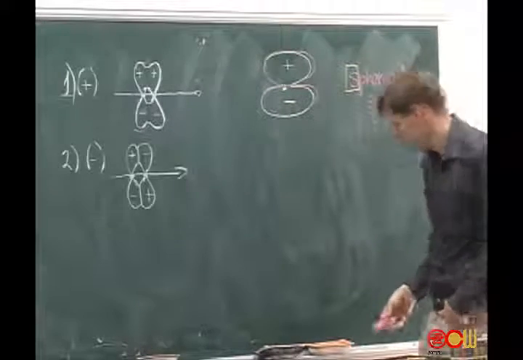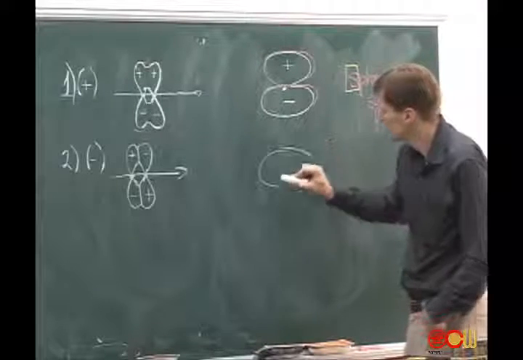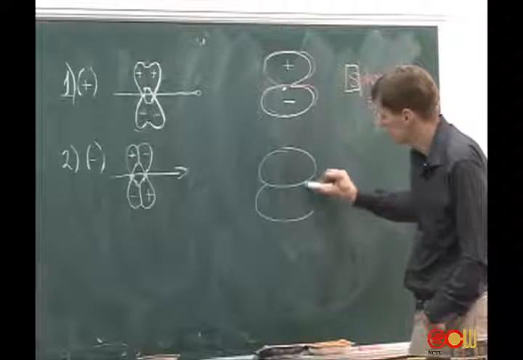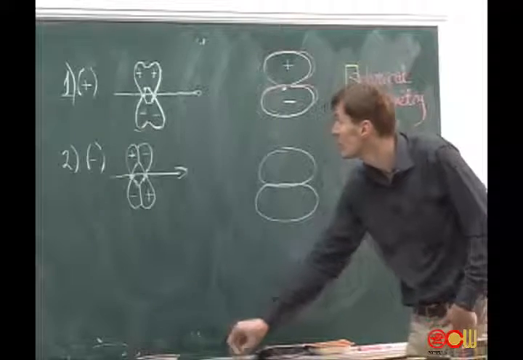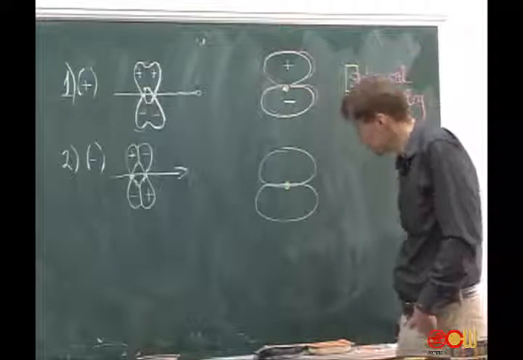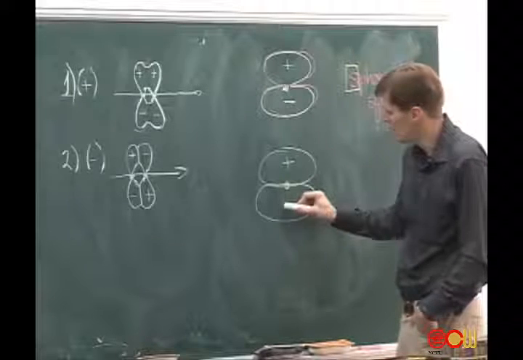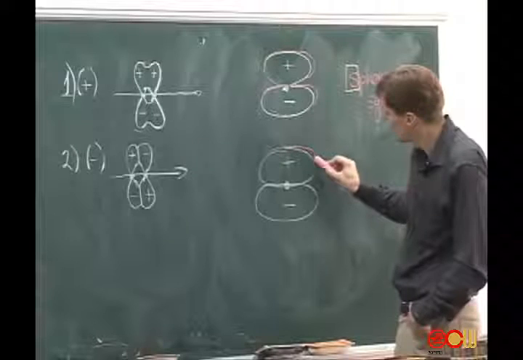And the other one, if I plot the other one, again the nuclei are here. The other one is also a plus sign and minus sign, but the part that is behind will have different sign.